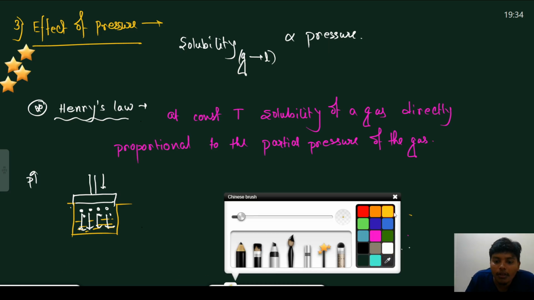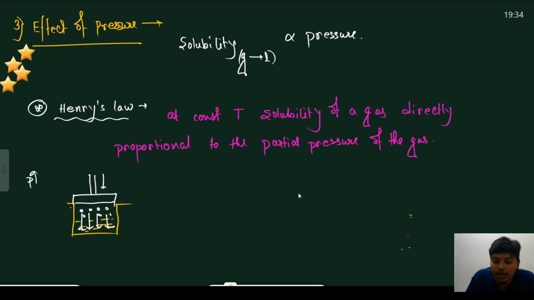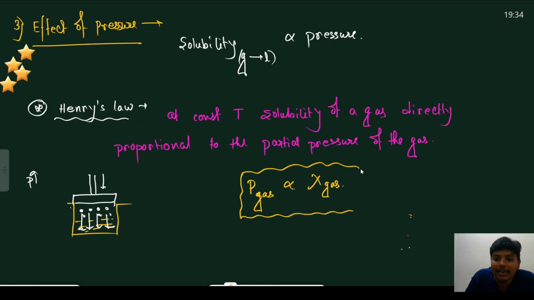So that's why he told that solubility of the gas is directly proportional to the partial pressure of the gas. Now remember, the partial pressure of the gas is directly proportional to the mole fraction of the gas. This is the formula actually.